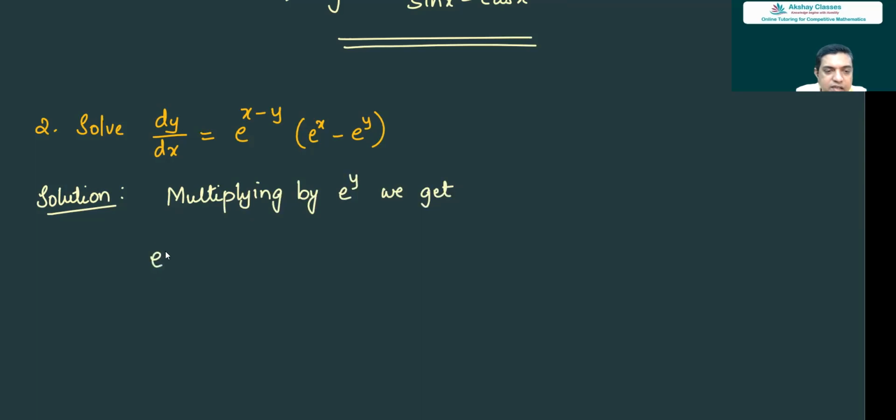We get e power y dy by dx is equal to e power x into e power x minus e power y.